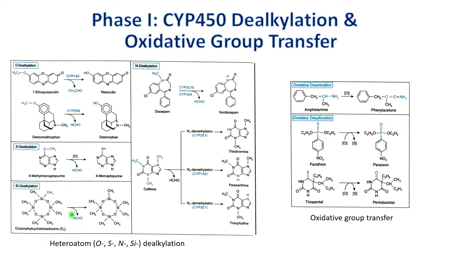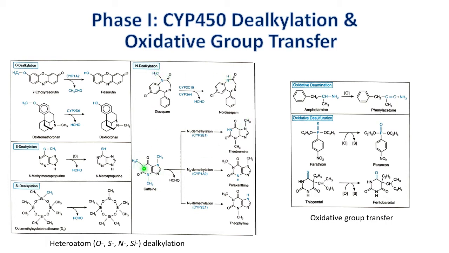Mercaptopurine is an anti-cancer drug, and then this is not a drug at all, but it's a silica-based substance, so we'll not get into that. Diazepam, of course, is a sedative, might be used for muscle relaxing as well. You can dealkylate here and produce the protonated amine there, adding this hydrogen to the amine and getting rid of the alkyl group or the methyl group.